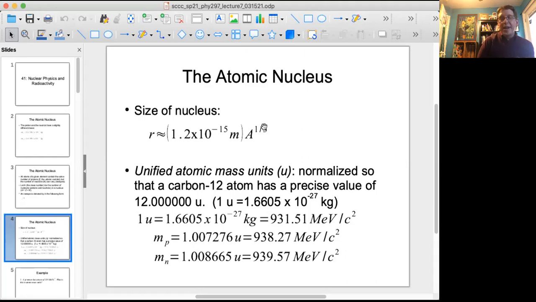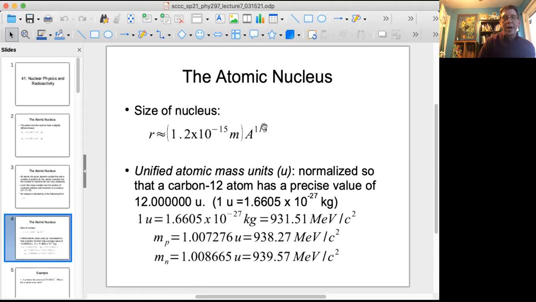A lot of times in atomic and nuclear physics, the mass is expressed in terms of what are called unified atomic mass units. They are normalized so that a carbon-12 atom has a very precise value of 12.000 units, for as many decimals as you would like. So 1 unit to 5 significant figures is 1.6605 times 10 to the negative 27 kilograms.